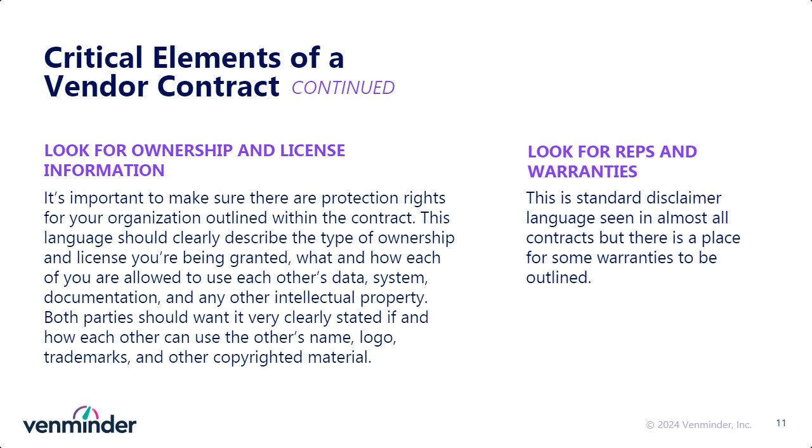Both parties should want it very clearly stated if and how each other use each other's names and logo, trademarks, and other copyrighted material. And if you are receiving a deliverable from the third-party vendor, then the contract should clearly indicate whether that deliverable does or does not become your property. So these are, at minimum, some things that should be considered in the ownership and license.